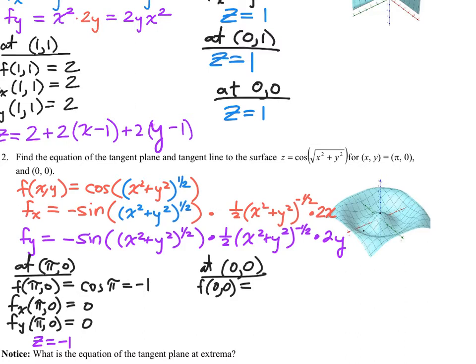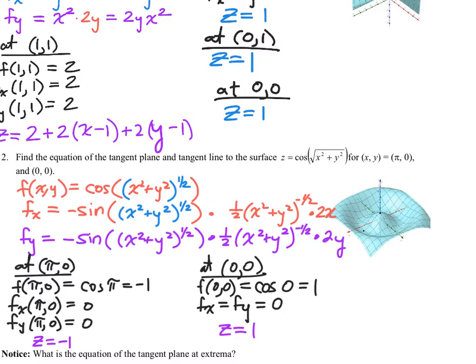Plug in a 0 here, you're looking for the cosine of 0, which is a 1. And my first order partials with respect to x and y are both going to be equal to 0, because in either case, I'm taking 0, squaring it, square rooting it, whatever, but the sine of 0 is equal to 0. And so we're going to get a tangent plane where z is equal to just a +1.